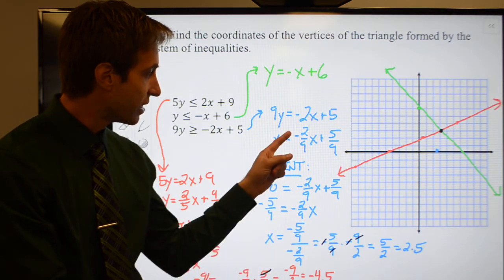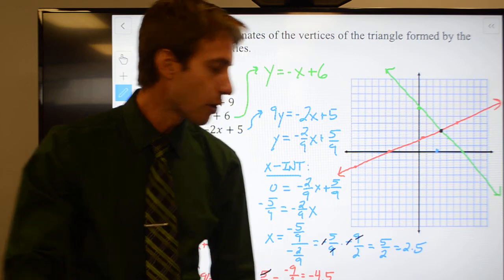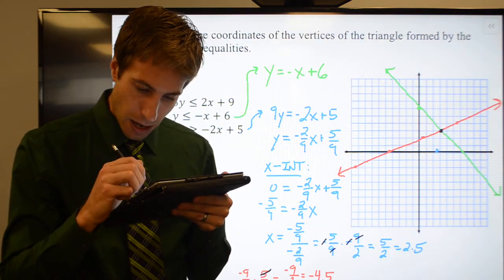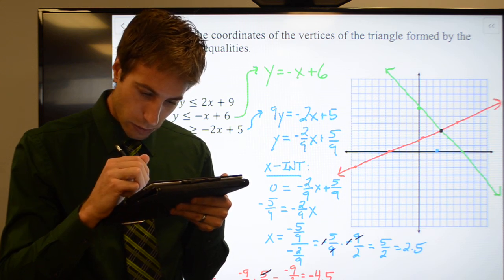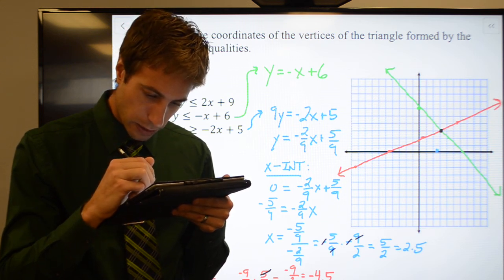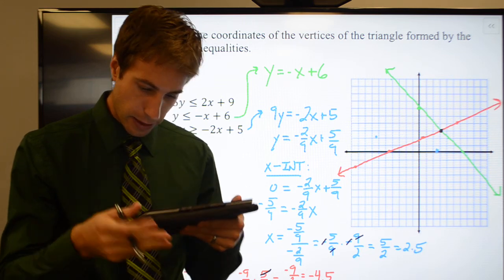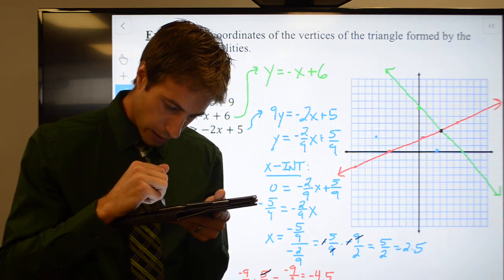My slope, however, is still negative 2/9. So we can do that. That would be down 2 and over 9. Which, let's see here, 1, 2, 1, 2, 3, 4, 5, 6, 7, 8, 9, right there. All right, let's see how this goes, me drawing something between these guys.